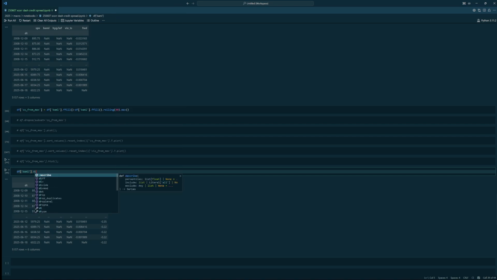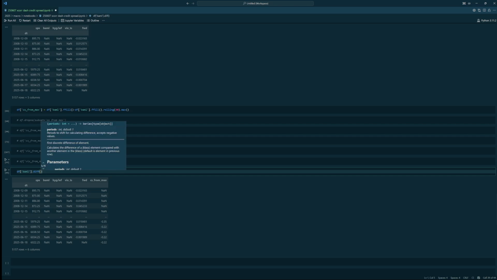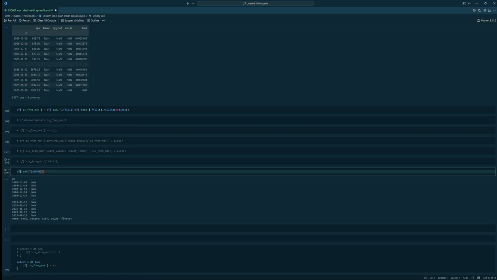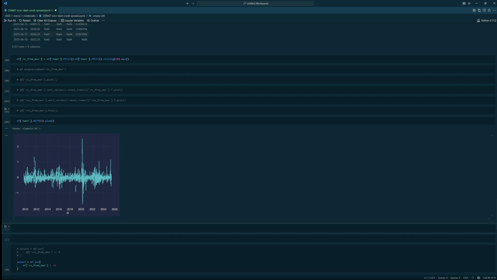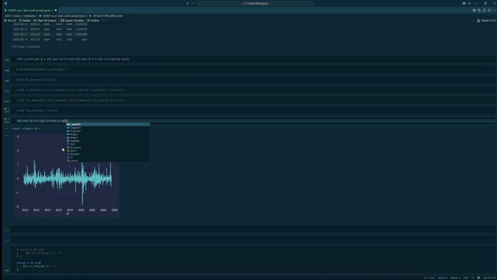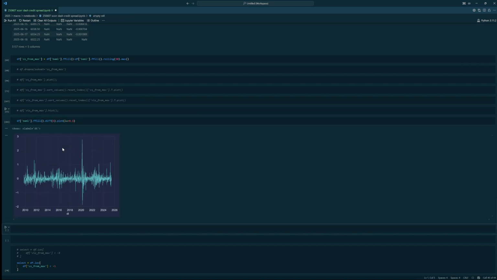Here we could do .diff 5. Yeah, that hits 0.5% point. This just has the change in 5 days gone above or below any threshold.